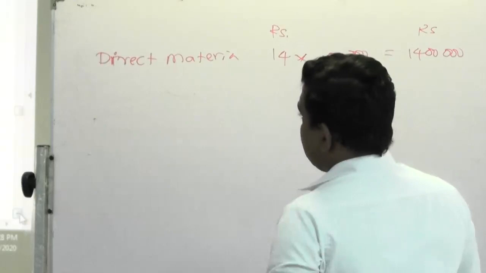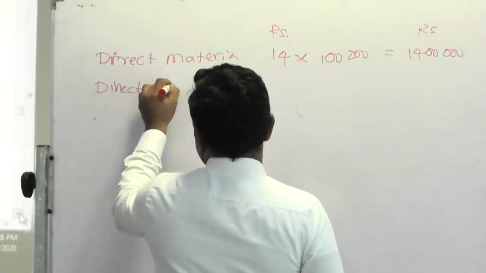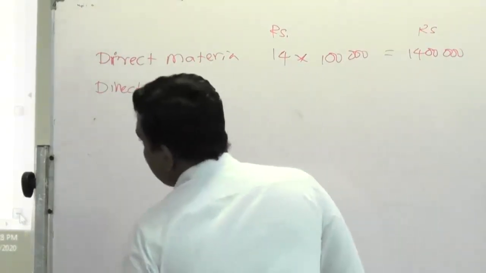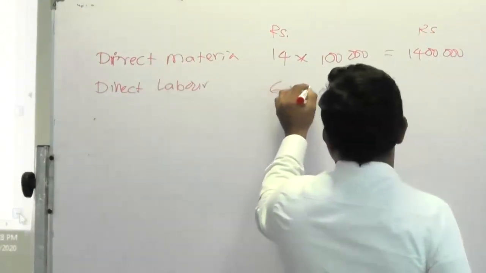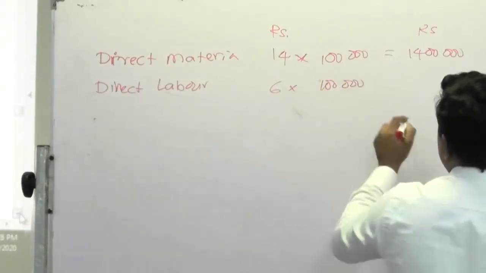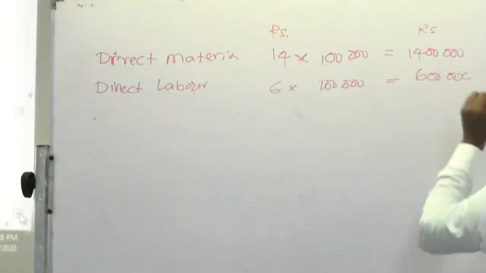Right. Then direct labor, that changes according to the units. Per unit 6 rupees. For 100,000 special order you require 600,000. Right.